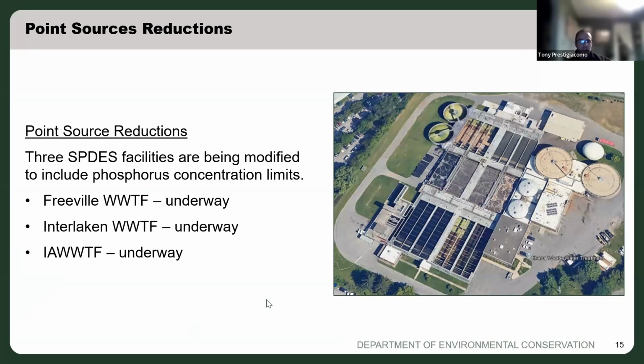And the Ithaca Area Wastewater Treatment Facility, this is kind of a nuanced thing, but their permit is a pounds per day limit of 40 pounds per day. We did not reduce that 40 pounds per day, but a concentration limit was added to be consistent with how permits are being modified across the state as part of the regular process and part of TMDLs.